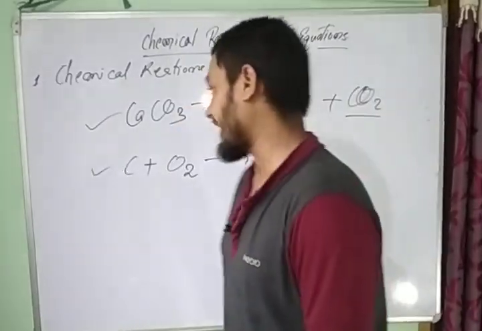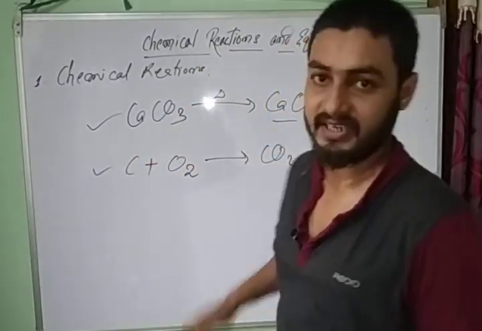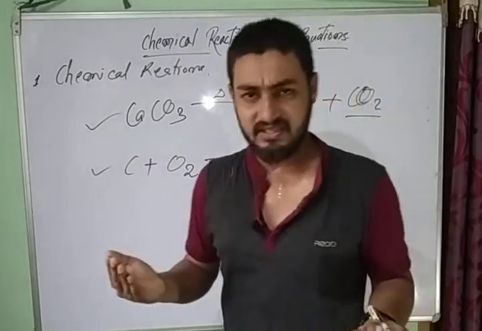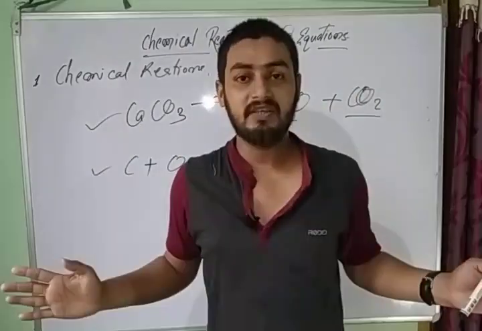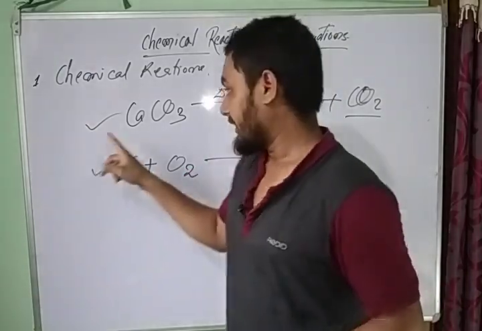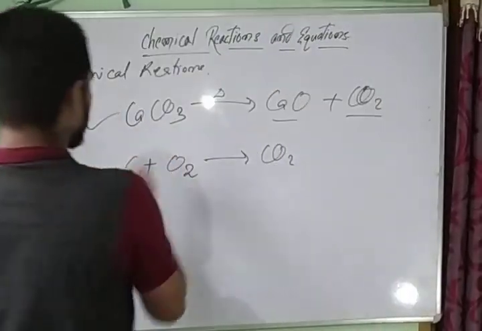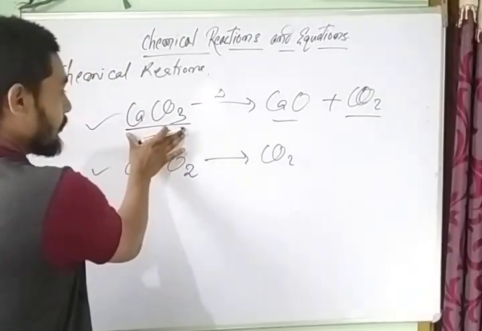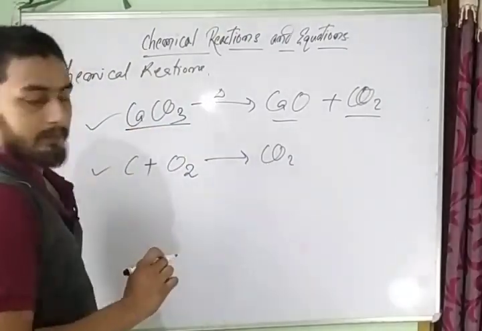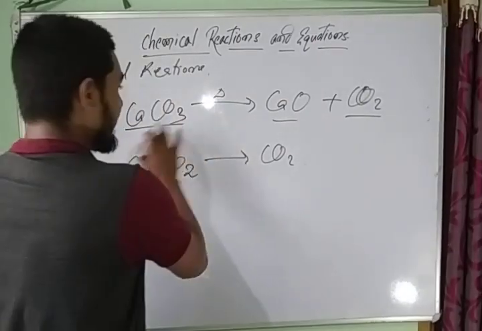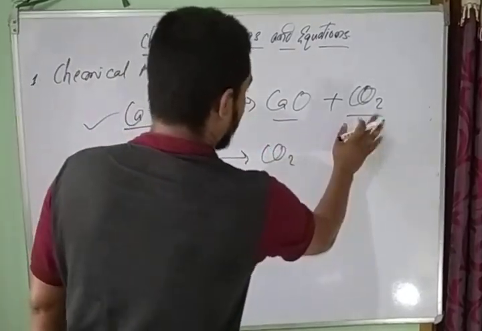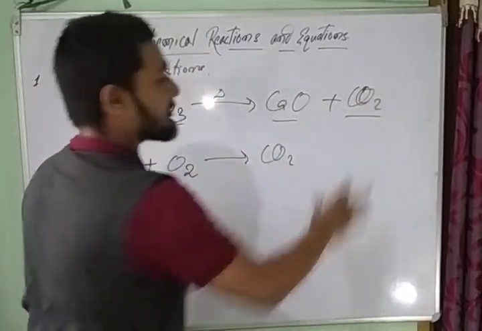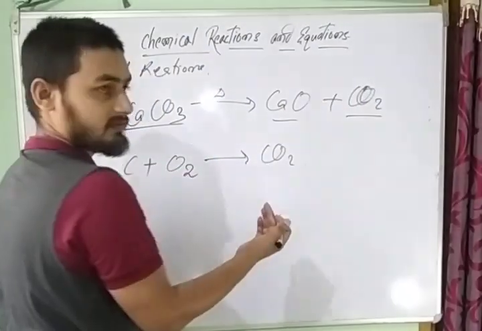Now one question arises: how do these chemical reactions occur? These chemical reactions occur either by means of bond breaking or by means of bond formation. In the first case, here only one reactant, calcium carbonate, breaks down to form calcium oxide and carbon dioxide, one substance forming two other substances.